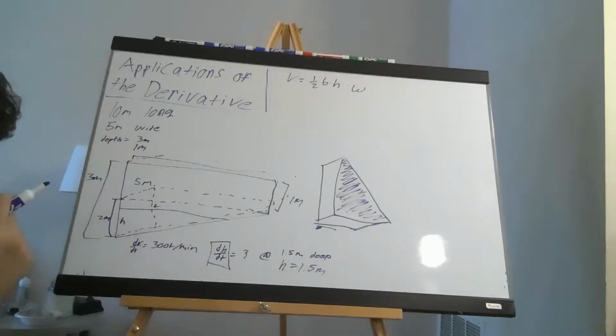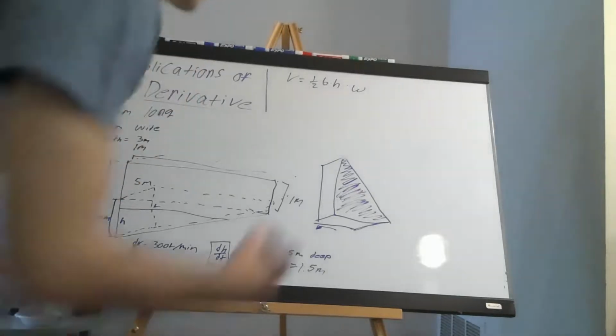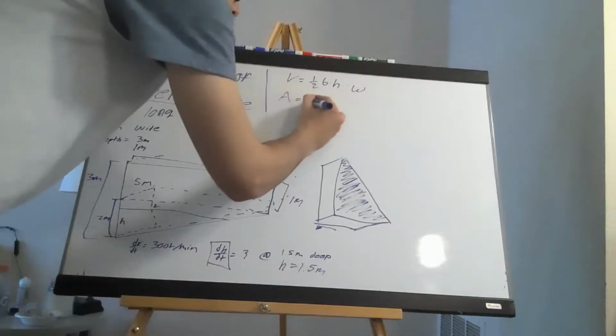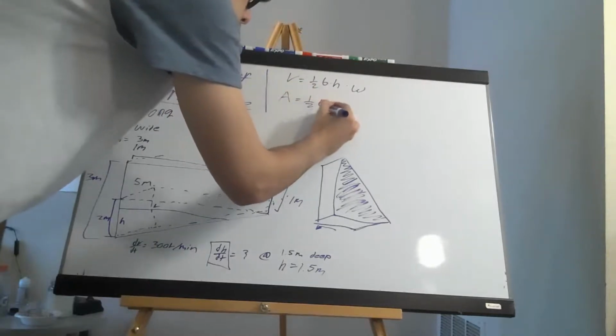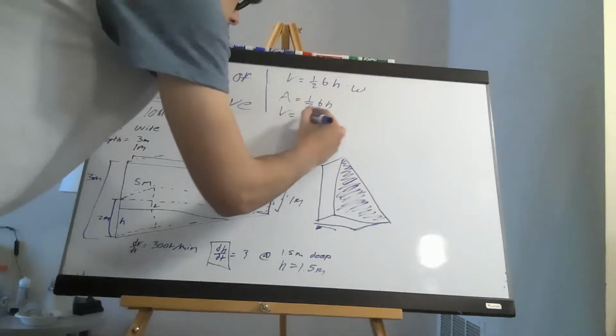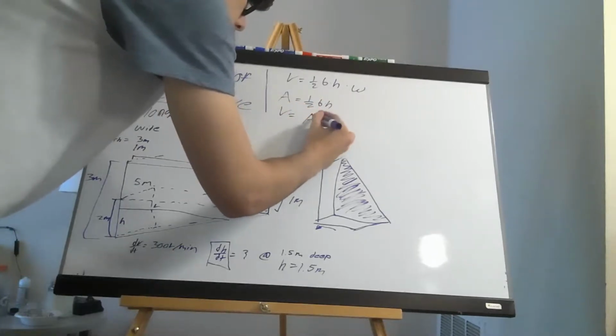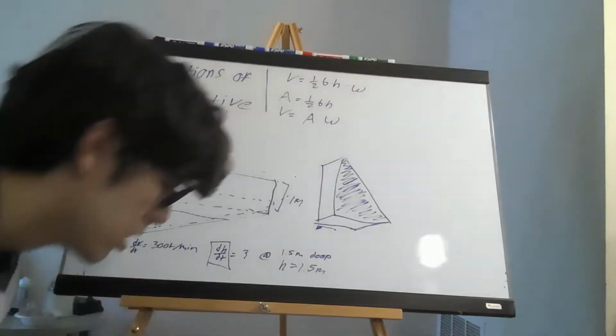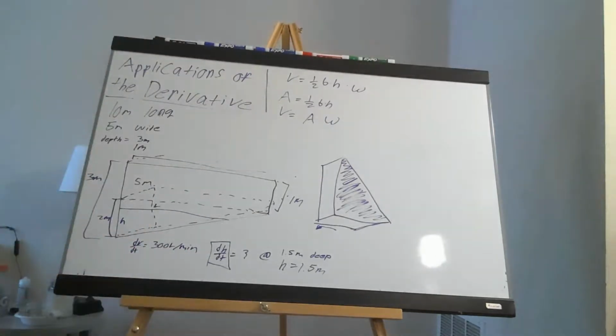Area, multiply across the terms by h. So we know the reason this is the case is because A equals 1/2 base times height and V equals A times W, width times length, height.